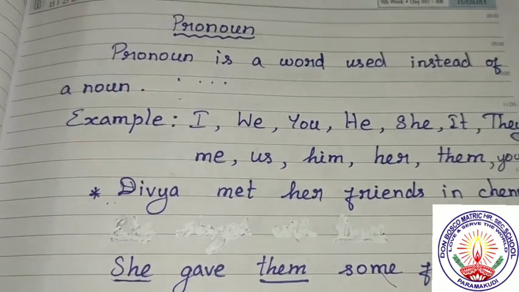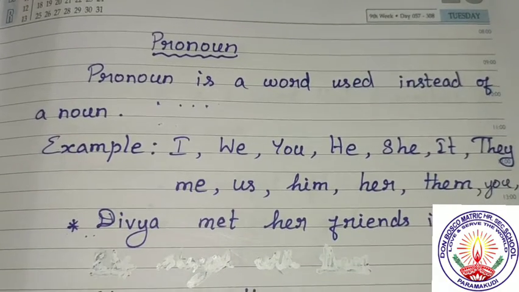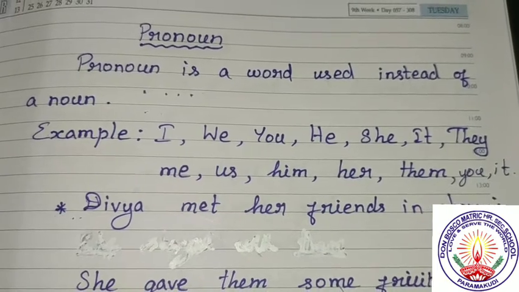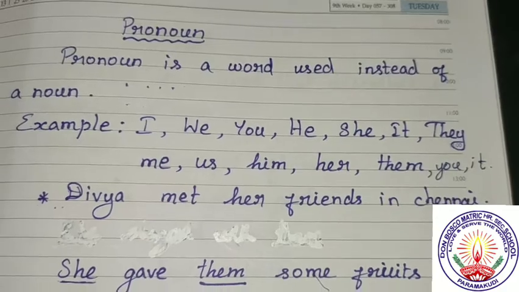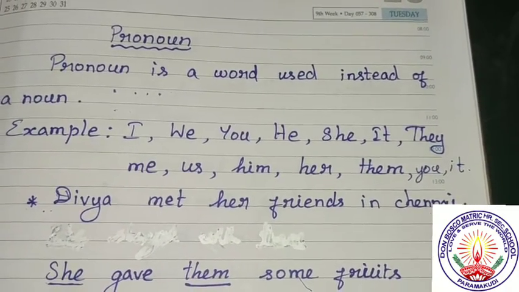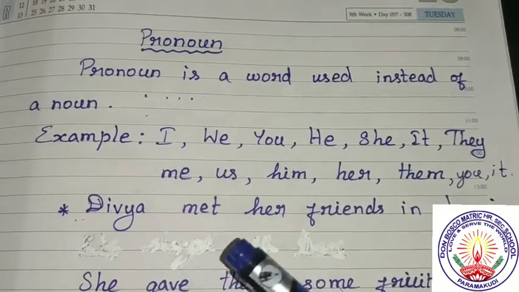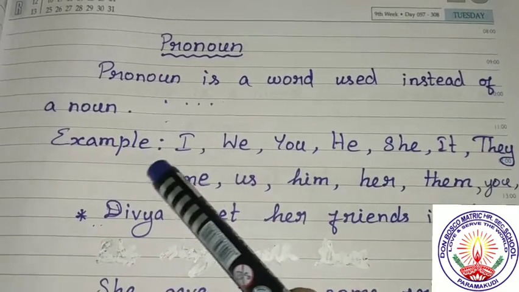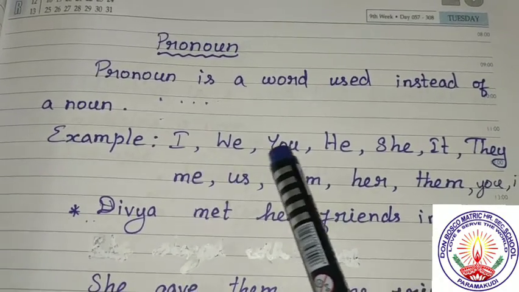Then pronoun. What is a pronoun? A pronoun is a word used instead of a noun. For example, I, we, you, he, she, it, they, me, us, him, her, them. The pronouns I, we, you, he, she, it, they are the subjective pronouns, because in the sentence they come as a subject.